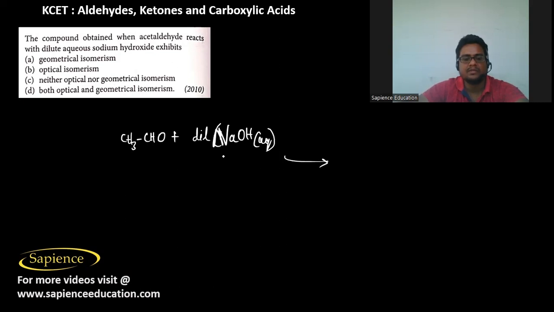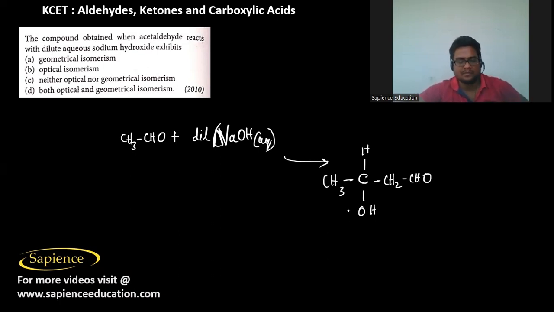The compound obtained will be CH3CH(OH)CH2CHO. Here, on this carbon, the four groups attached are all different.